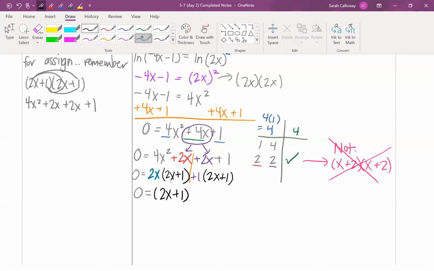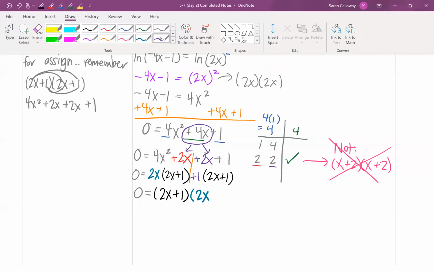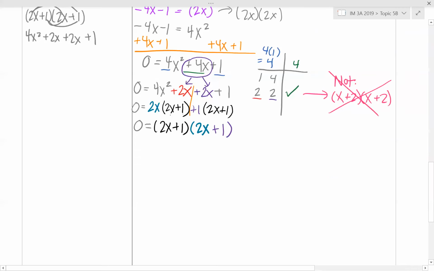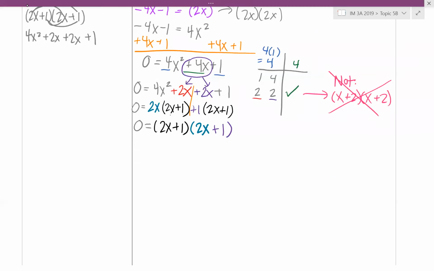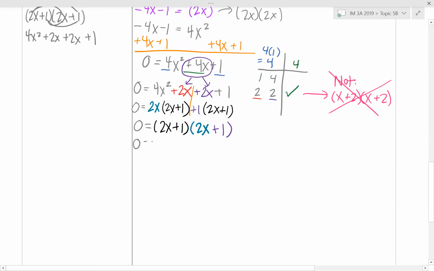If I'm factoring that out, I end up with 2x plus 1. What this means is that my solution is actually a perfect square, so it will have a multiplicity of 2. I get the same answer twice.